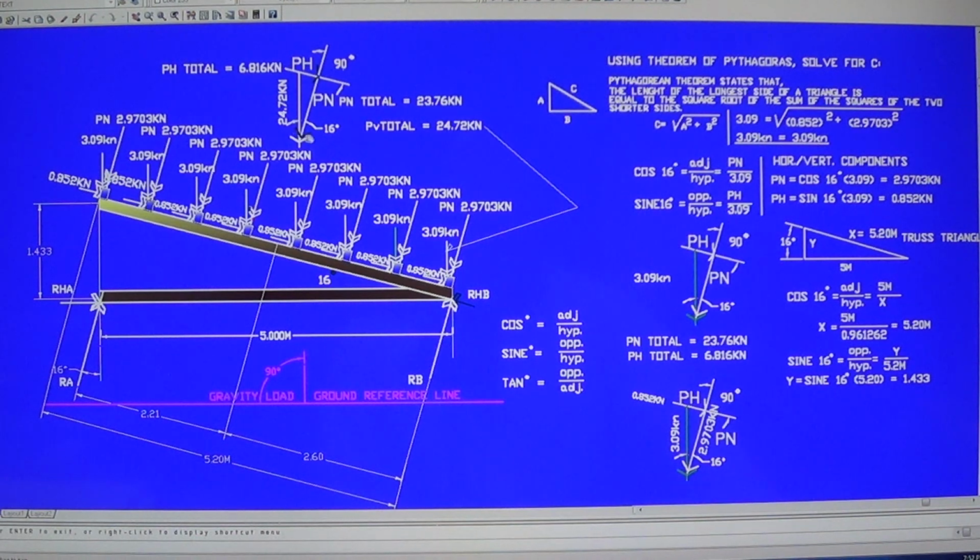Okay, let's do one check first. We solved for PH and PN, the horizontal and vertical components of the loads. We can check if these values here are correct by using the Pythagorean theorem.